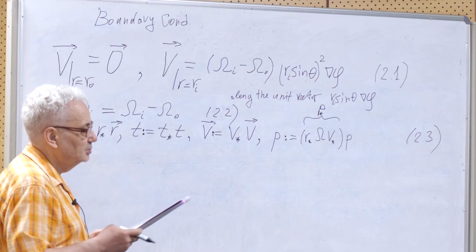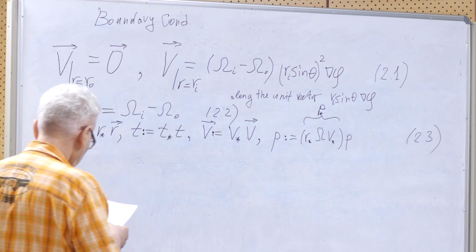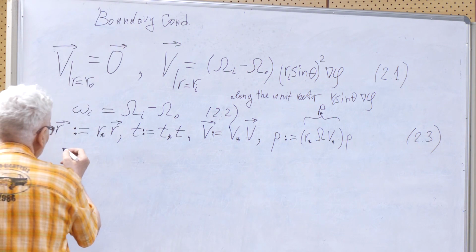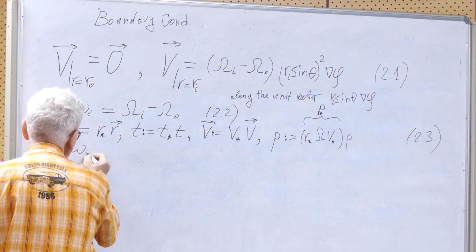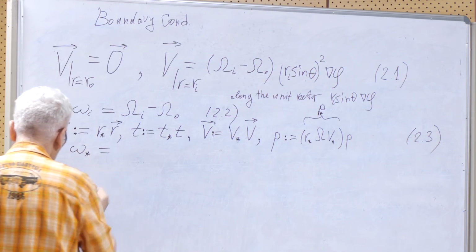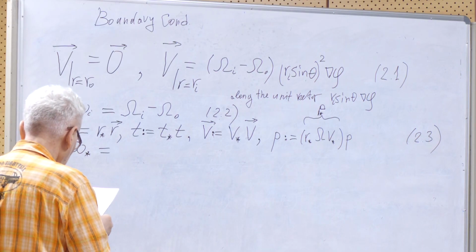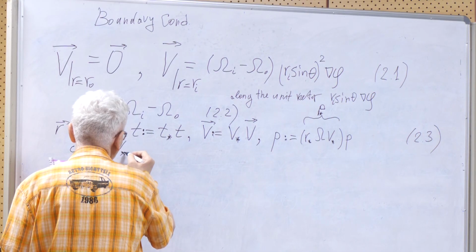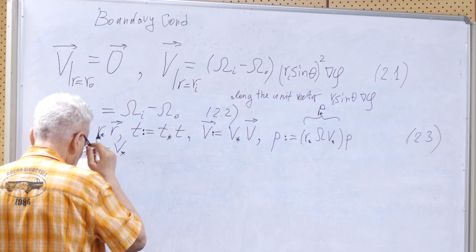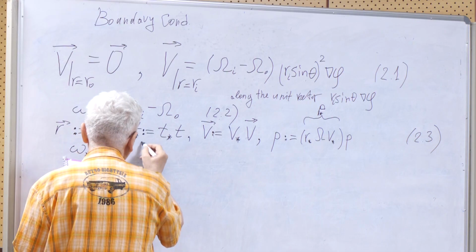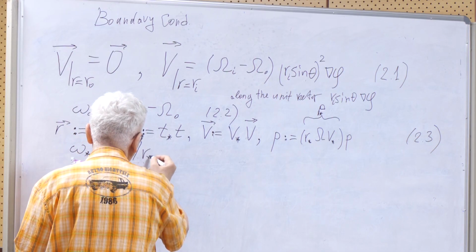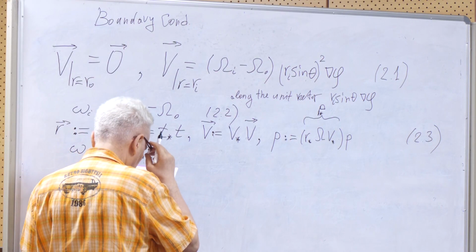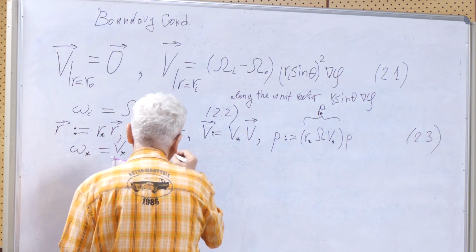And so we have the typical time, but if we invert this time, then we have the typical differential rotation. And this typical differential rotation, in our case, is of course typical V divided by typical R. And it becomes in second minus 1.